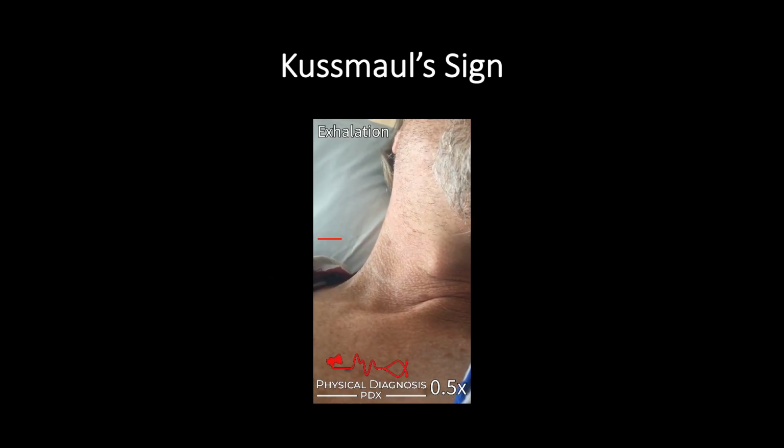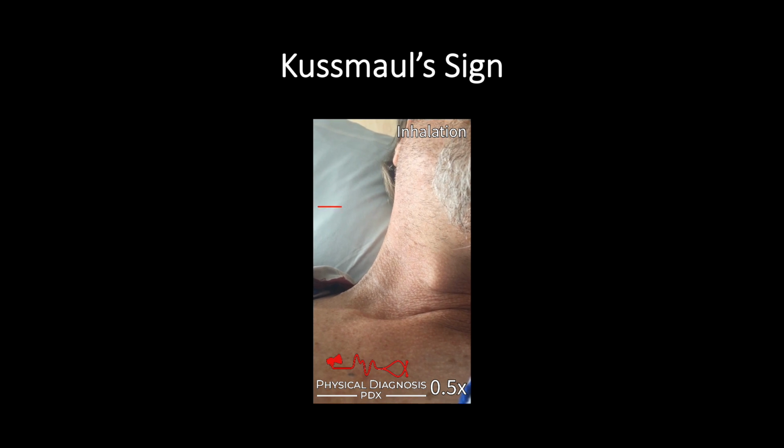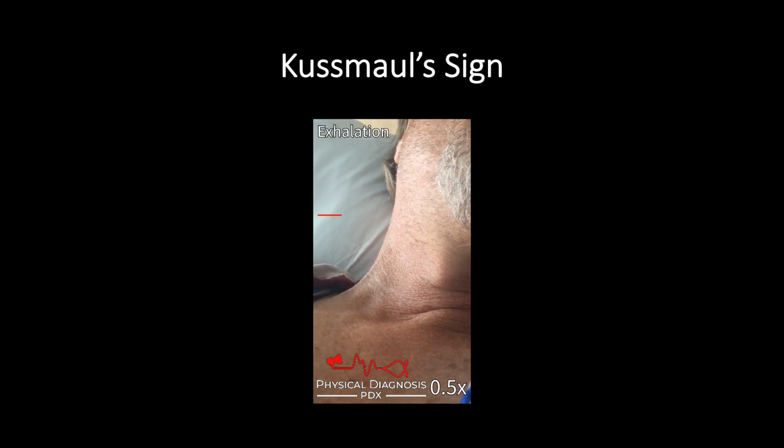This is another demonstration of Kussmaul sign. You may also notice the radiation tattoo marker in the middle of the patient's chest. This patient developed constrictive pericarditis many years after radiation therapy for mediastinal lymphoma.